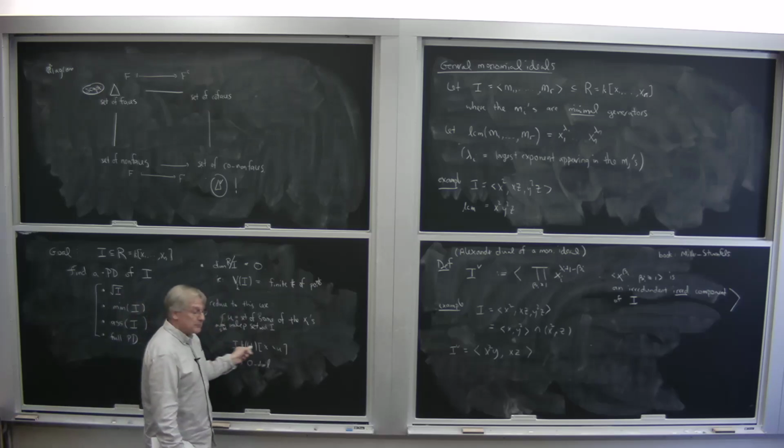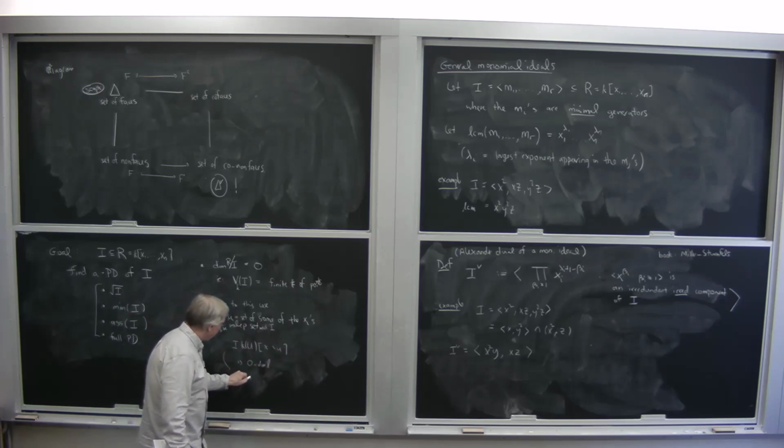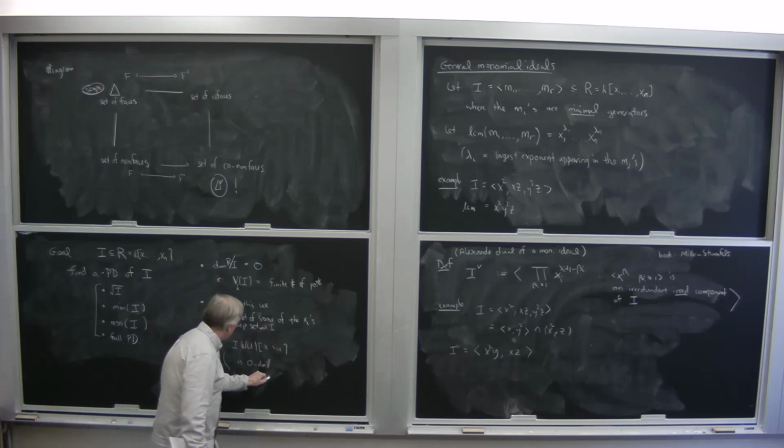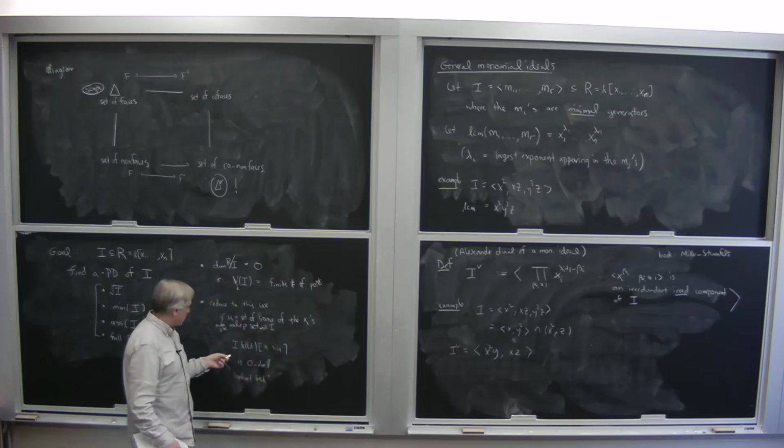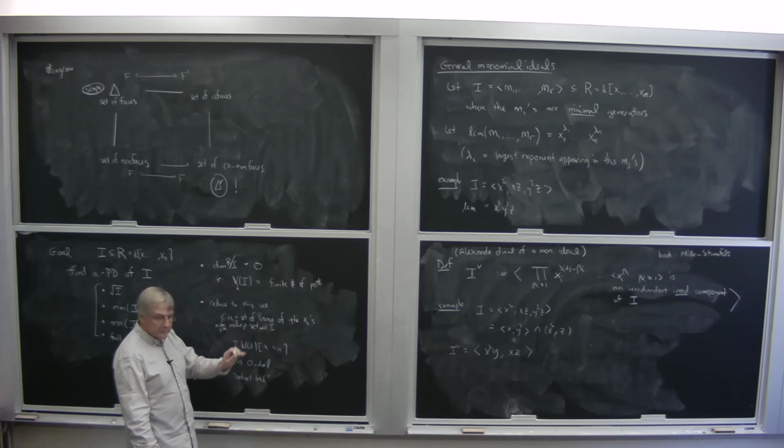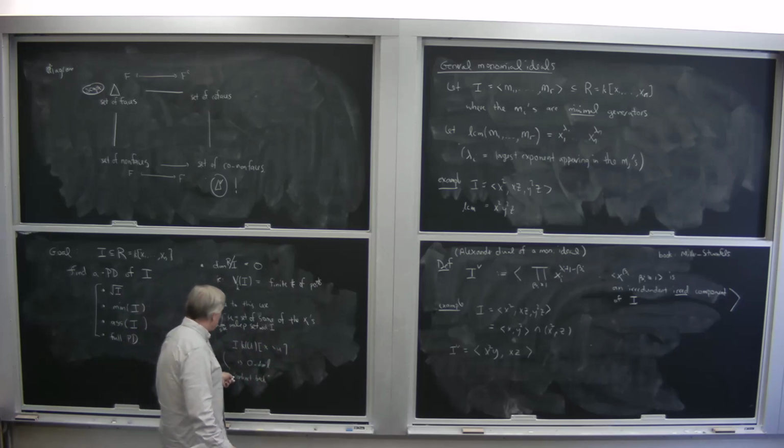So from this, we'll be able to compute this. And then we have to contract back. Part of contracting back means intersecting the primary decomposition of this with k of x. We'll do all this next time. The trouble is that doesn't give you everything.